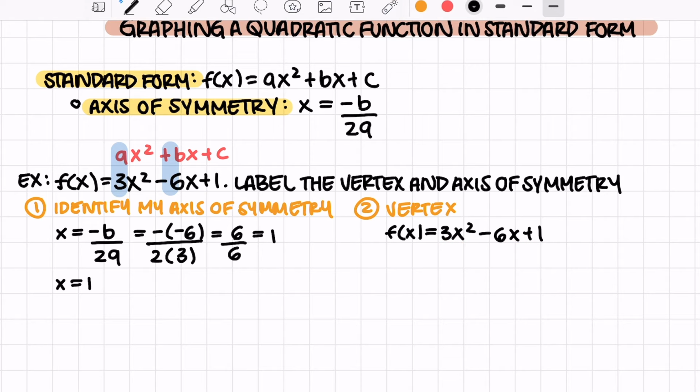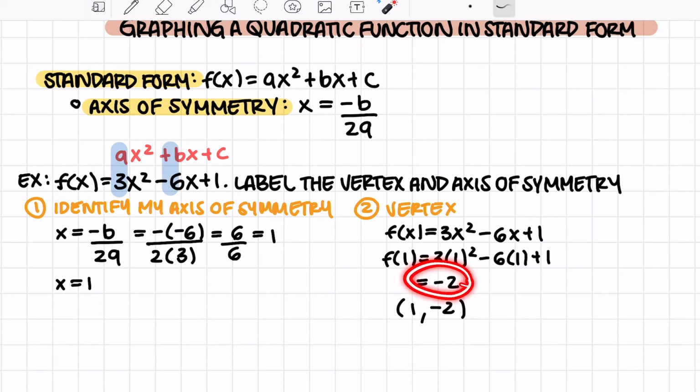So right here, we get f of 1 is equal to 3 times 1 to the power 2, minus 6 times 1 plus 1, and that just equals -2. That tells me my y value. So I get 1 from my axis of symmetry, comma, -2 from plugging in the 1. And that would be my vertex answer. Done.